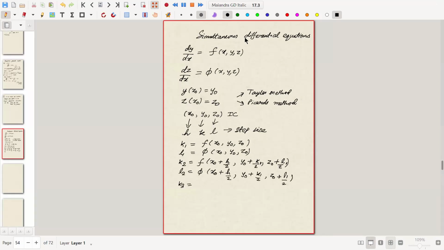Now when I write K3, things will be different. F of x0 plus h over 2, y0 plus k2 over 2, z0 plus l2 over 2. Similarly, you can write K4.